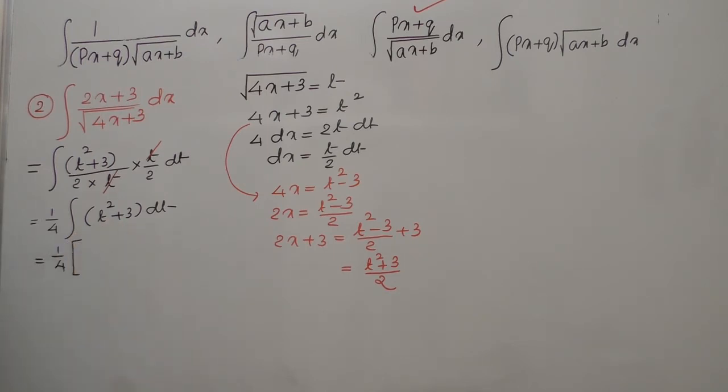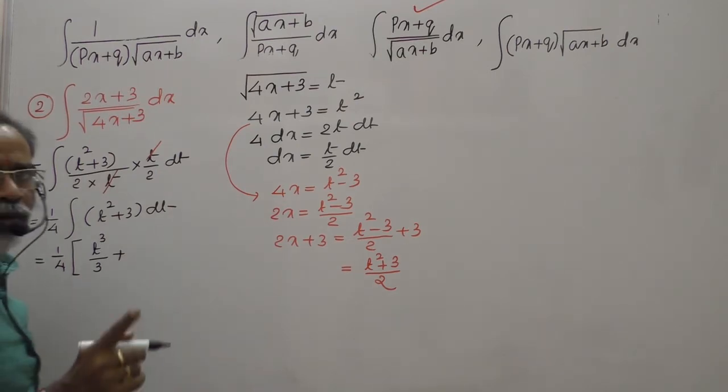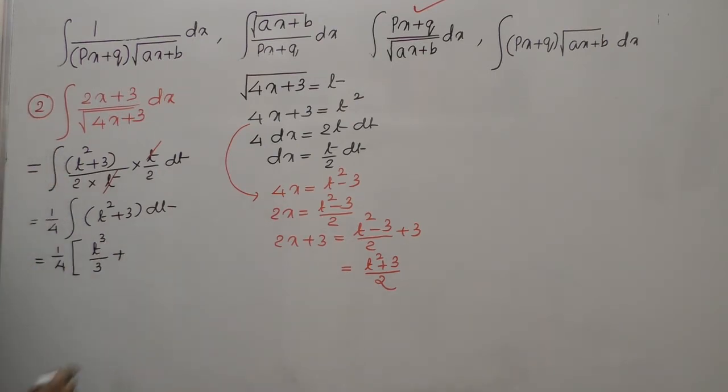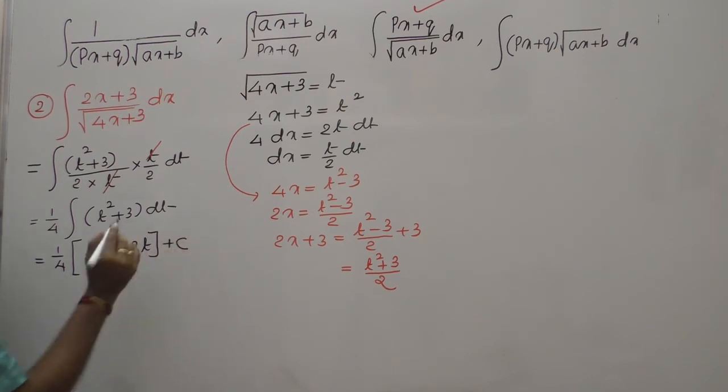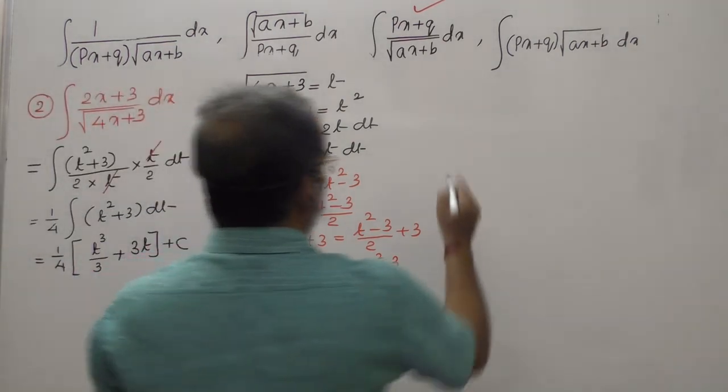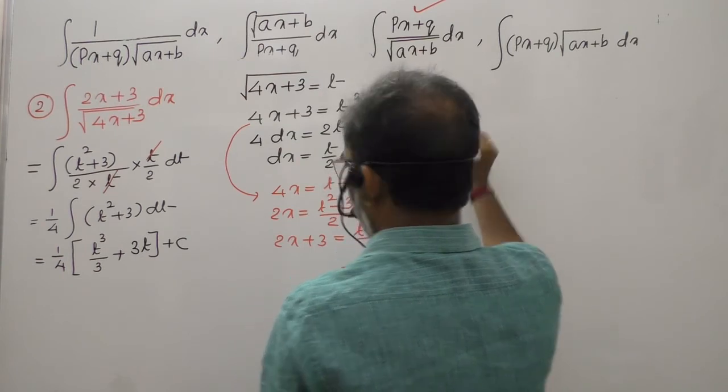Yes, this is what, 1 by 4 into. You can integrate both separately. For the first one you should use what? x power n, therefore x power n plus 1 by n plus 1. Only 3 is there. 3 is a constant. 3 is 3 into 1. Integral of 1 is x, but here the variable is t, no? Therefore it is 3t plus c. In the question t is not given, therefore I am writing here.